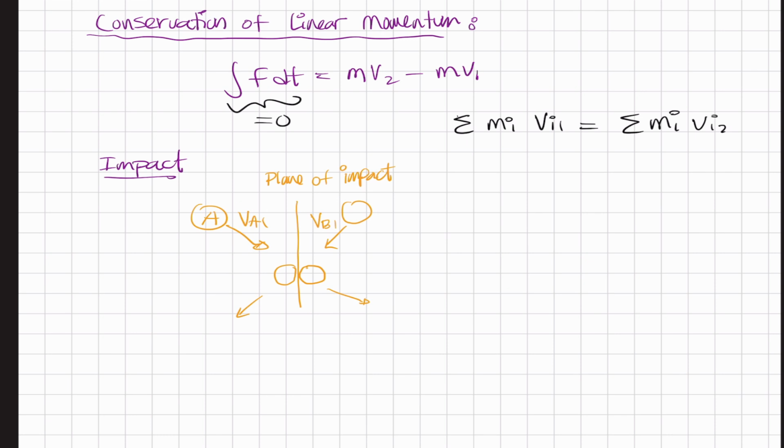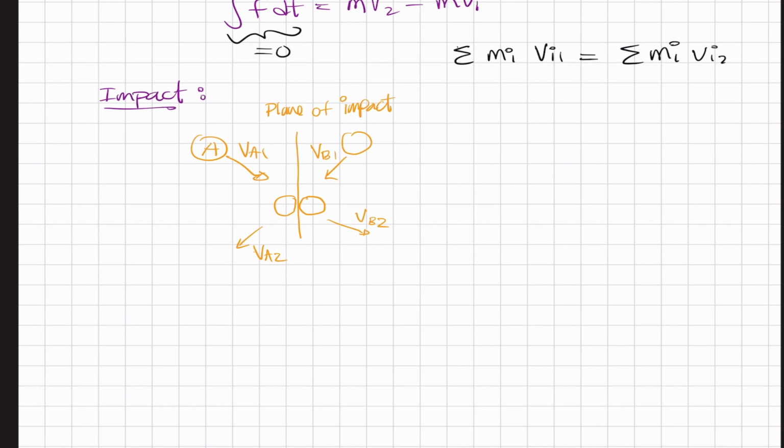And you can say the final velocities are vA2 and vB2, kind of like this. So with impacts, there is generally another equation that we look at, and this is called the equation for the coefficient of restitution.